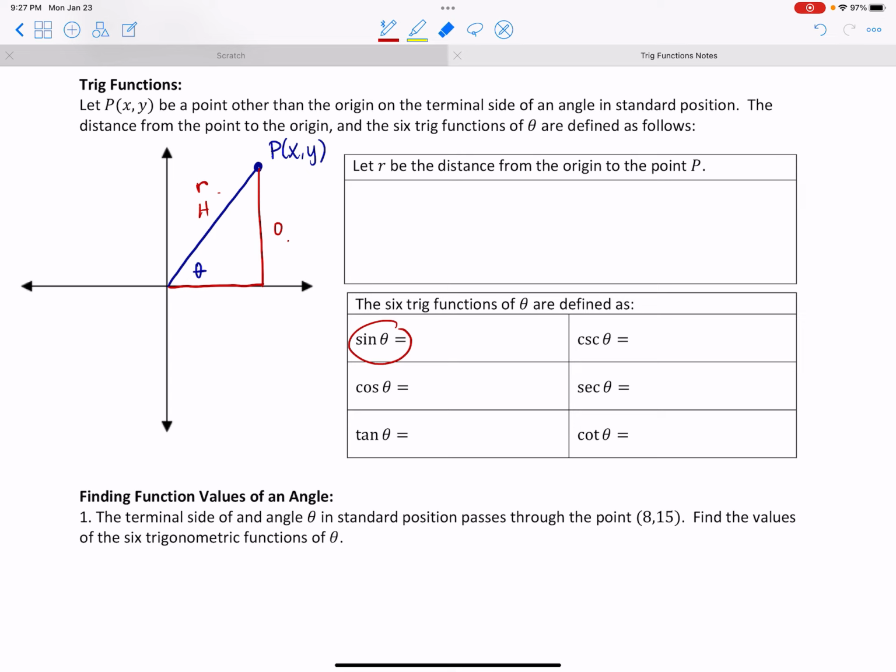So what we're going to say here is that the sine for our angle is no longer just going to be the y value, it's going to be the y value divided by whatever that radius length is. So actually let me put my triangle back in here. We have some x value that we travel to the right, and then we have some y value that we travel up to get to that point P, or that coordinate (x, y).